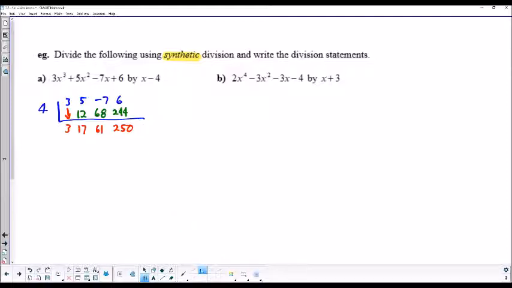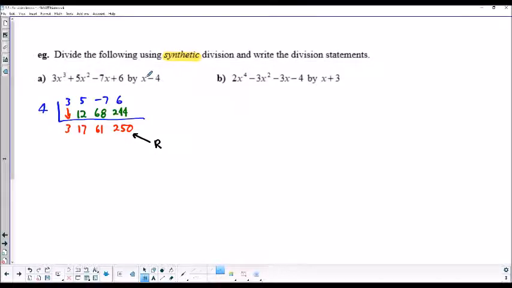Okay, so this last term that you always have here, that's the remainder. Now what we're going to do is write out the division statement again.